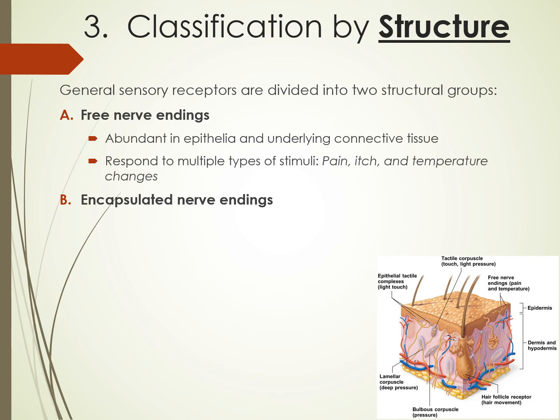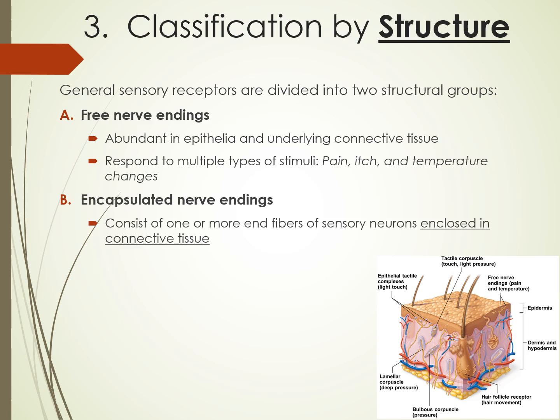We have a lot of free nerve endings in epithelia and the underlying connective tissue. These can respond to multiple different types of stimuli. So there are some nociceptors, some mechanoreceptors, some thermoreceptors. All of those can be these free nerve endings, okay?